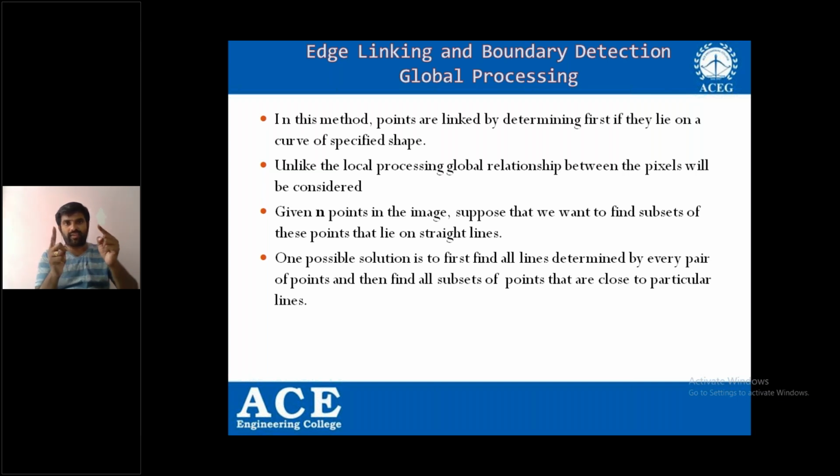If I have two pixels, one line can be drawn and all the remaining pixels can be compared and checked whether they lie on the line or not. If I consider 3 pixels, using 3 pixels I can draw how many lines? 3 lines I can draw. So here, by drawing the 3 lines, I can check all the pixels whether they are lying on any of the 3 lines.